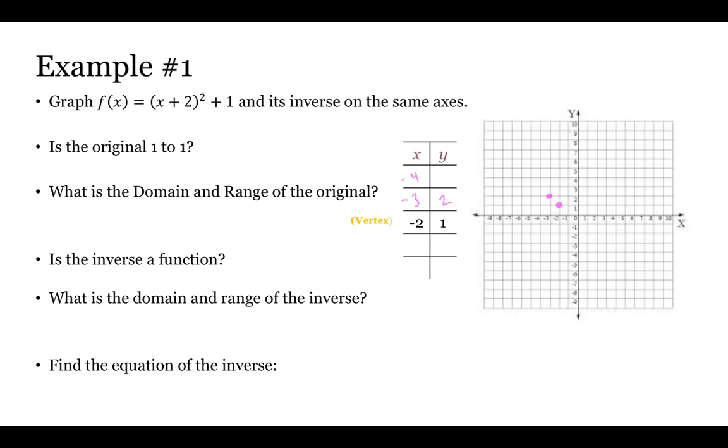I'll plug in -4, I'm going to get 5. If I plugged in -1, I'm going to get 2. If I plugged in 0, I'm going to get 5. -1, 2, right? It's that reflection. So here's my original.